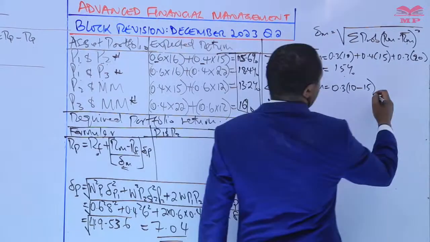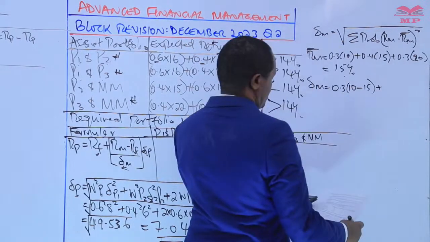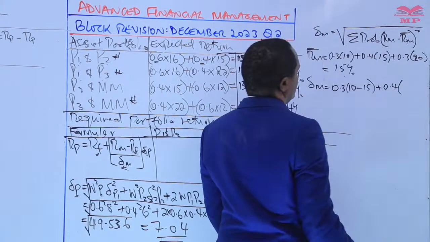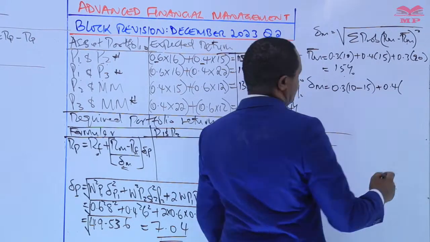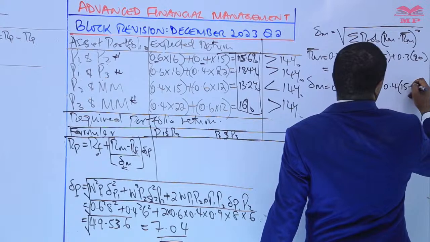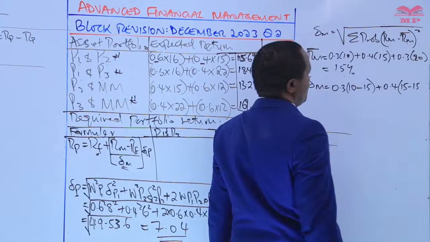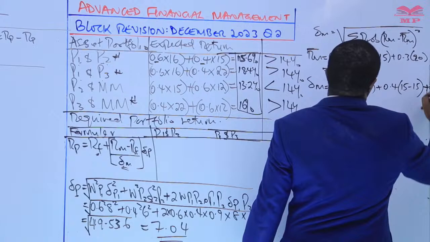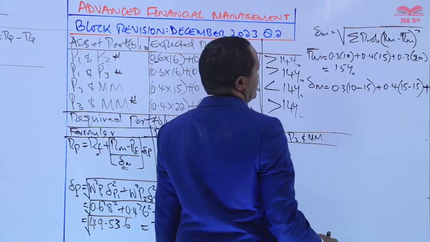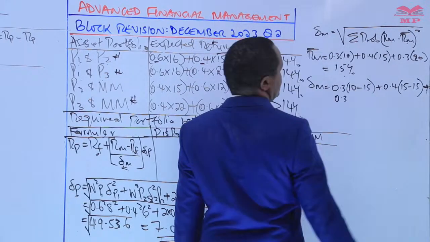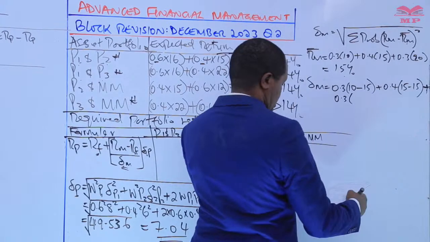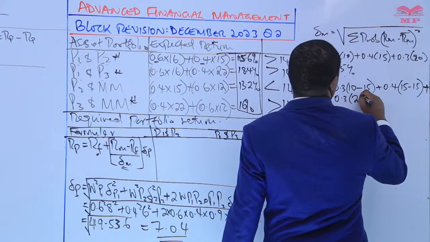Then we add the next probability, 0.4, into the return of 15%, 15 minus 15, plus the last probability, 0.3, into the actual, the last one is 20, 20 minus expected 15.